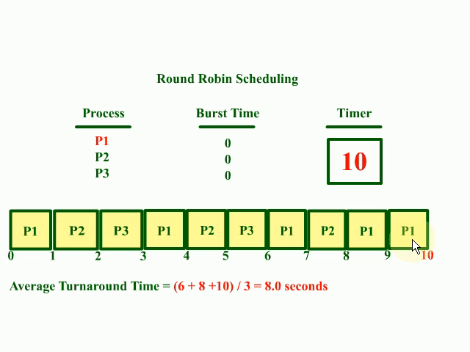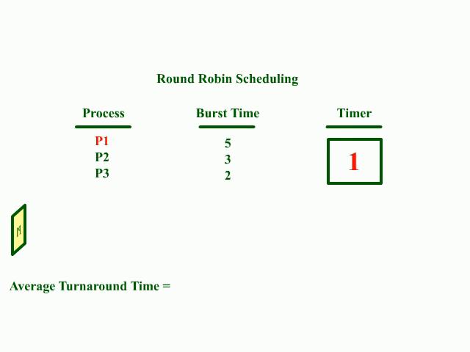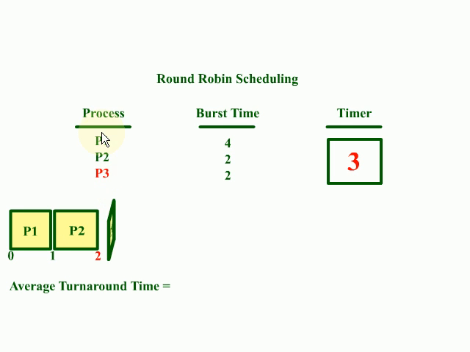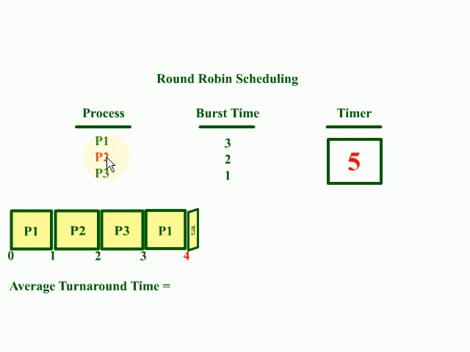Let me show you everything once again. First of all, we went for P1 according to their time of arrival. We don't have any arrival times; we are just assuming it. So P1, then P2, then P3, then again P1, then P2, then P3, then again P1.